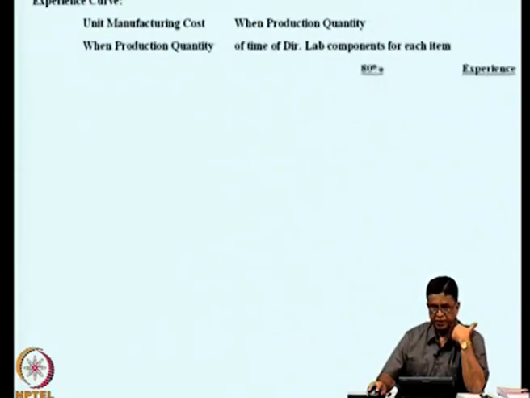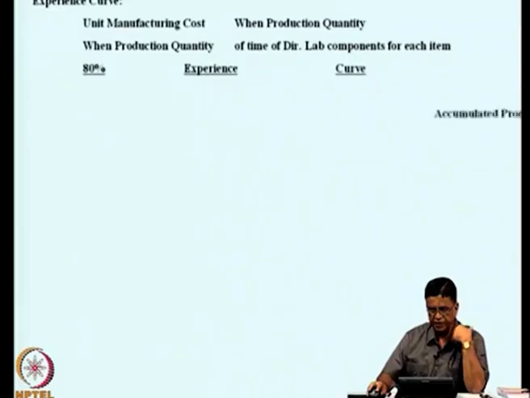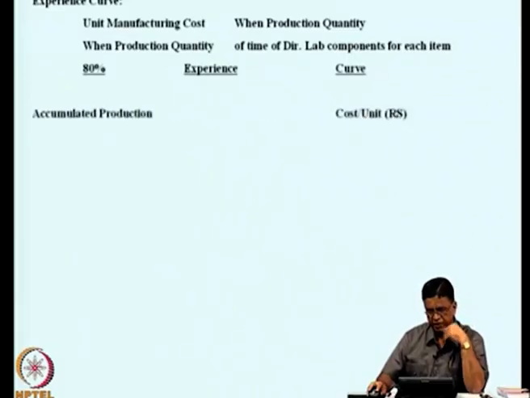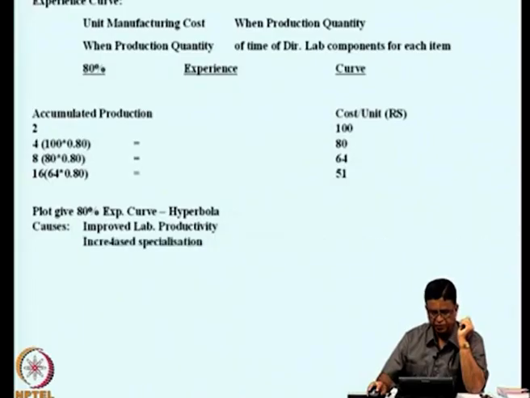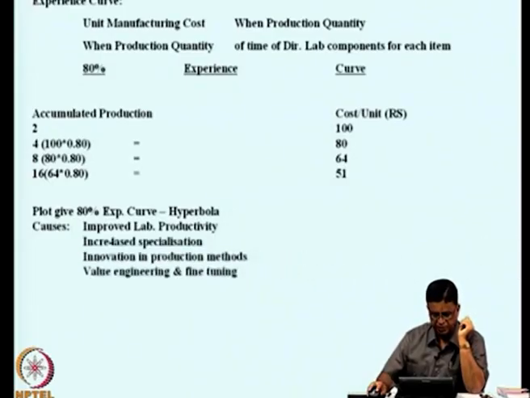Then we looked at the effect of the experience curve, how the experience curve can be useful in bringing down the cost per unit of the product. We illustrated that taking the example of an 80% experience curve.